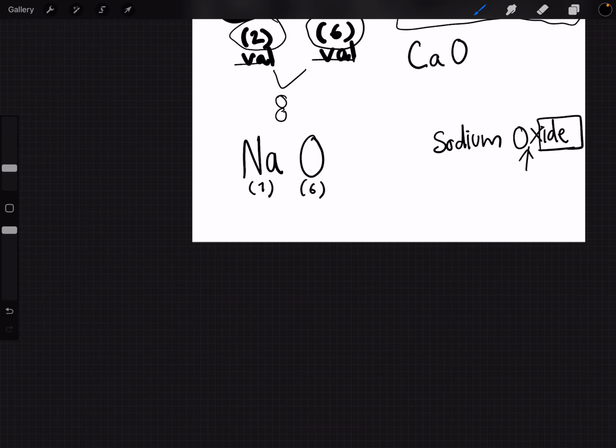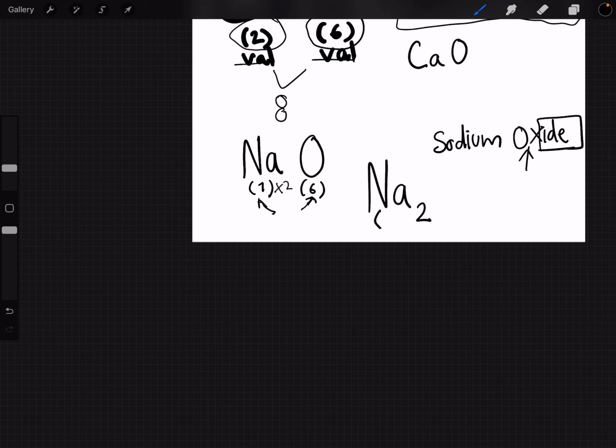Anyway, so oxygen has 6 valence electrons, but needs 8. There's only one of these. So, in order to get 8, you would need times 2 of that. So it would be like sodium, 2 of them.